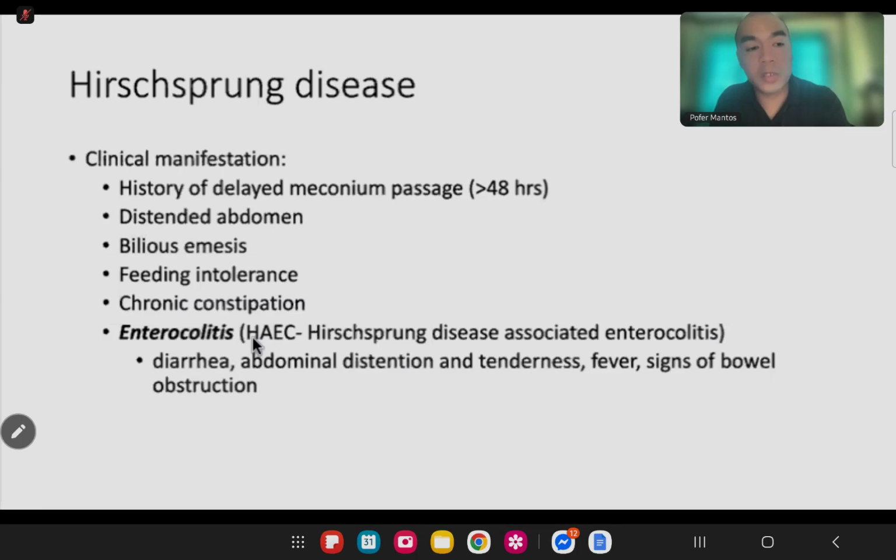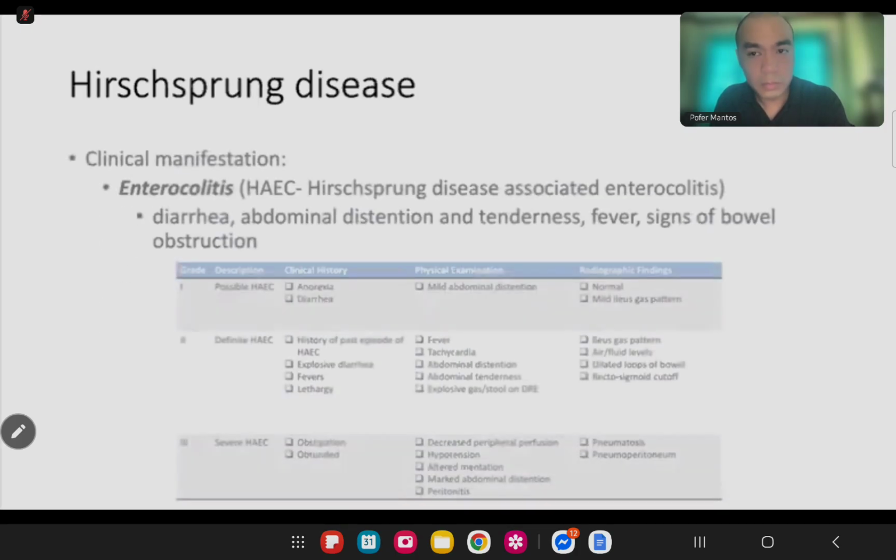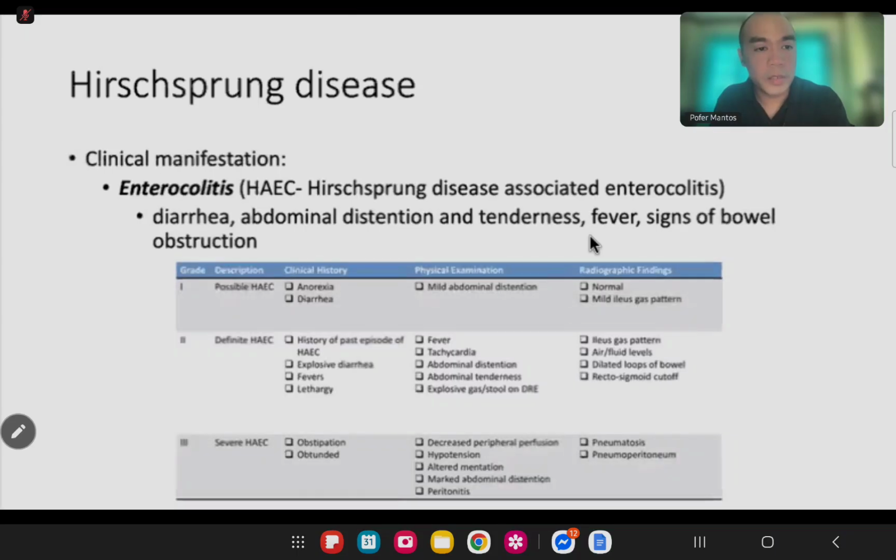The child will develop diarrhea with tender abdomen, fever, and signs of bowel obstruction. Okay, so we have here the grading of the HAEC, or Hirschsprung-associated enterocolitis. So you just take note of that. And depending on the grading of the HAEC, the management would also differ.